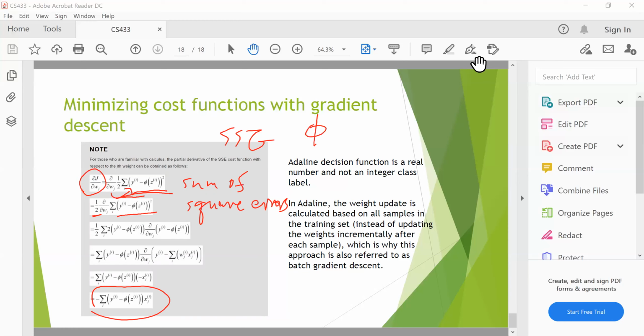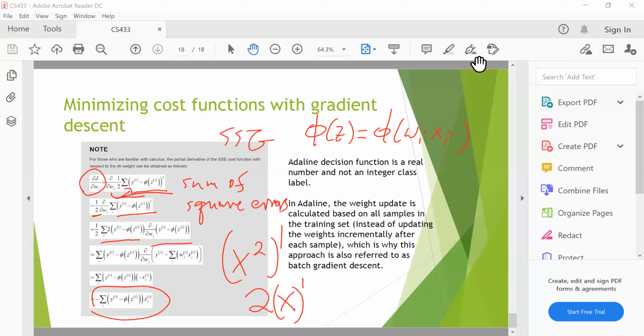And for this one, how do we derive? Because phi z is what? It is phi of the sum of w_i x_i. To take this derivative, it's something like x squared, and when you take the derivative, it's 2x. That's how you come to this point. And here I should write a z.